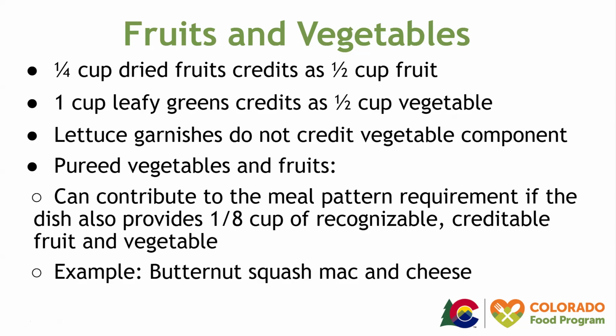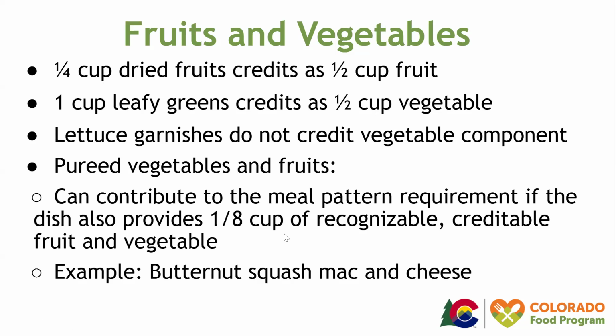Lettuce garnishes are not credited as components. Pureed vegetables and fruits can contribute to the meal pattern, but the dish must provide 1/2 cup of recognizable form of fruit and vegetable.